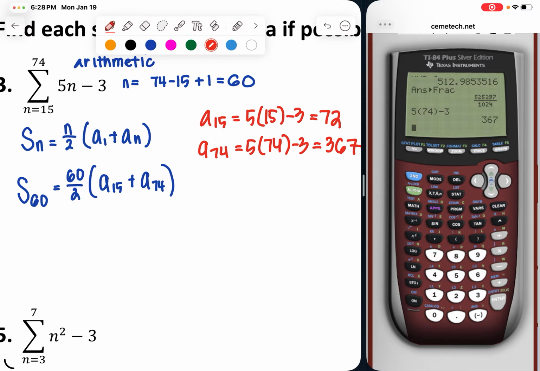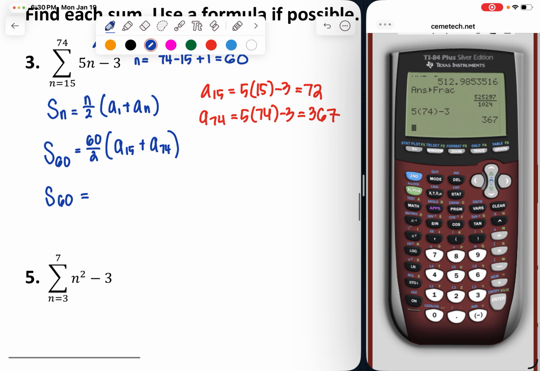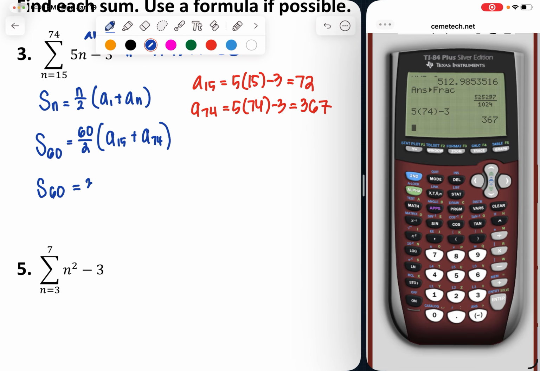So now I can find the sum. Let's put it in our formula. So we have 30 times (72 plus 367). All right, calculator time. I should just type it the way it is.